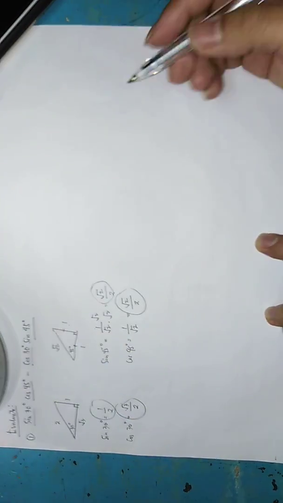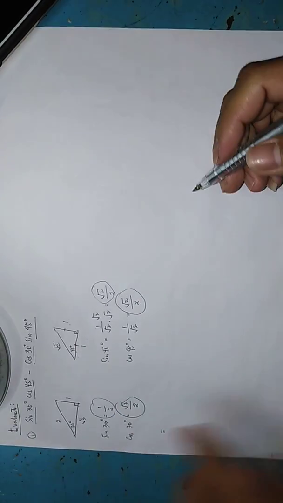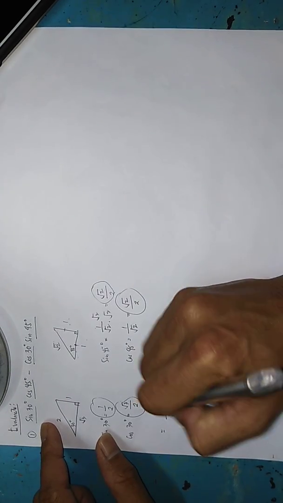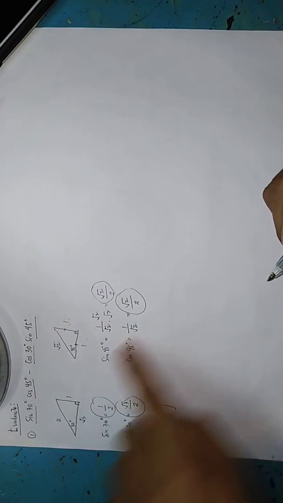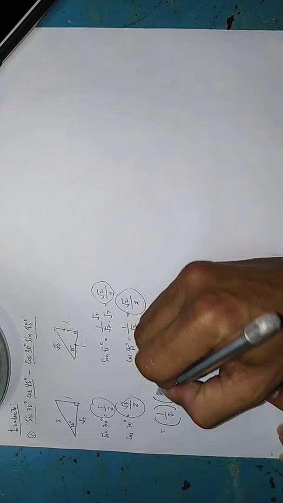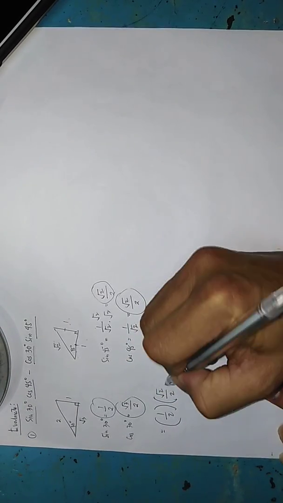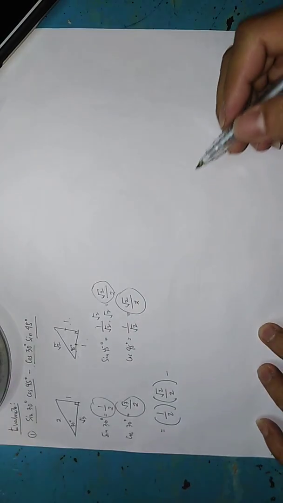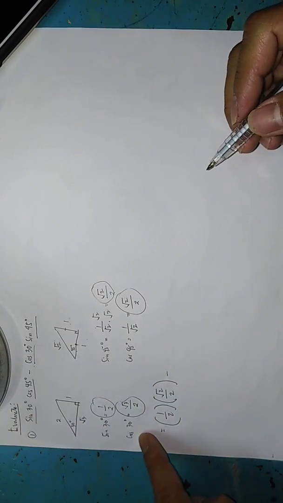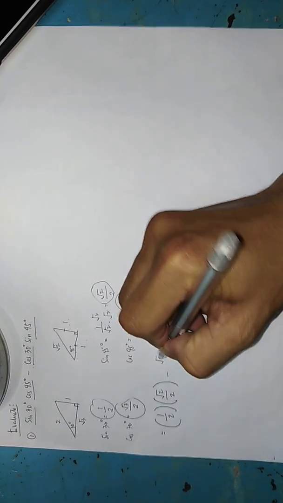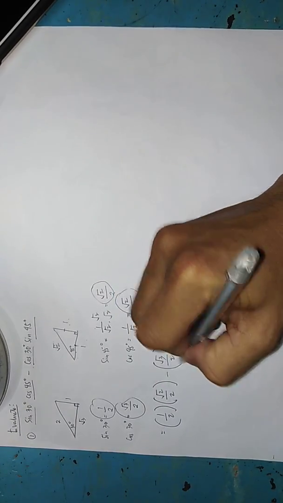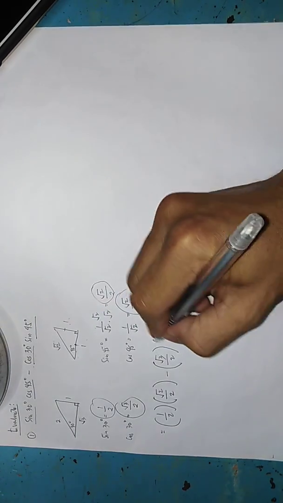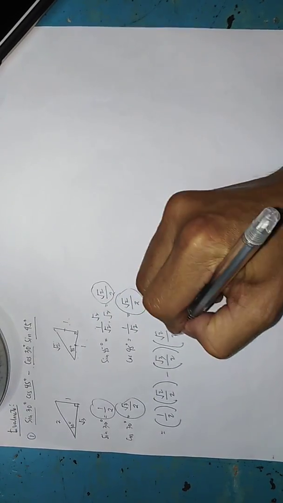Now, let's evaluate the function. Sine 30 degrees, 1/2, times cosine 45, square root of 2 over 2, minus cosine 30, square root of 3 over 2, times sine 45, square root of 2 over 2.